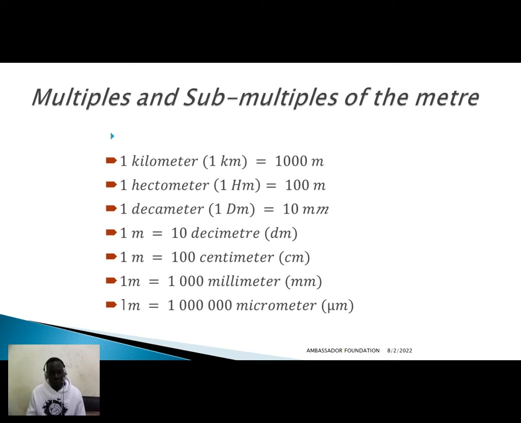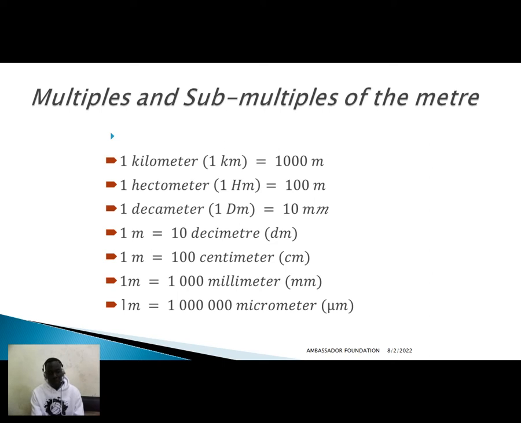But also, we have other multiples and sub-multiples of meter. Apart from just measuring length in meters, depending on how long it is, for example, if the length is so small, we will use maybe decimeters, centimeters, millimeters, and if it is very small, we use micrometers.